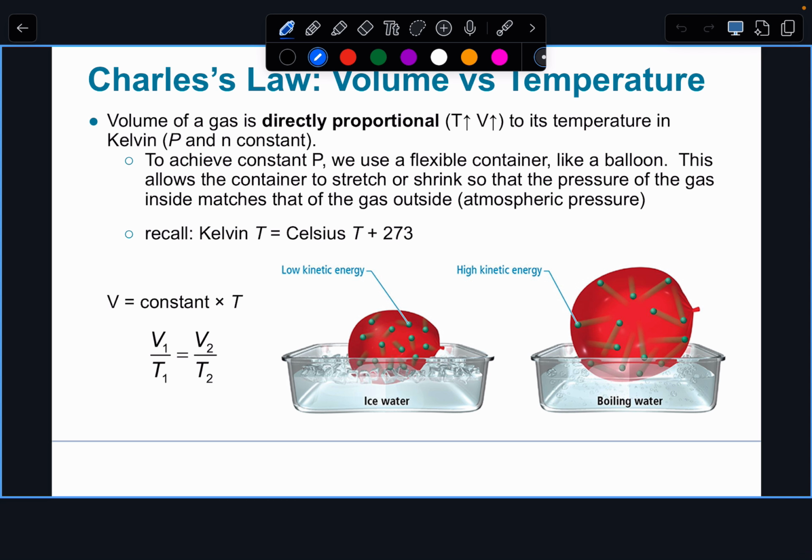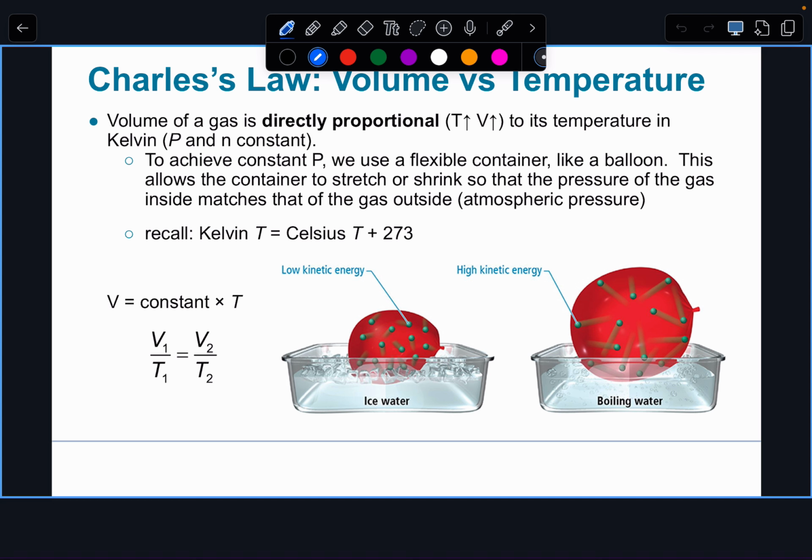So when we hold pressure constant, it's a little bit different, because what we're really saying is that the container the gas is in is flexible and will always flex and change its shape in order to maintain a constant pressure. So it ends up matching the pressure from the gases that are pushing on the outside. But the key point is that this one has to have a flexible container in order to maintain constant pressure.